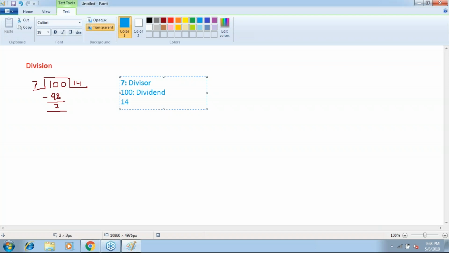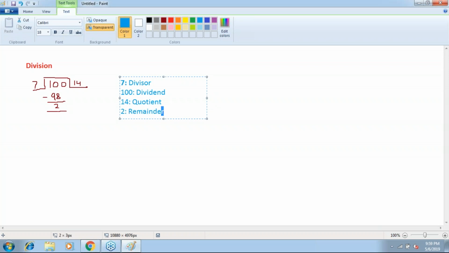Okay, 14, we all know what it is called. It is called the quotient. And 2 is called the remainder.